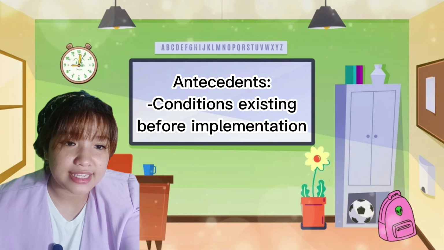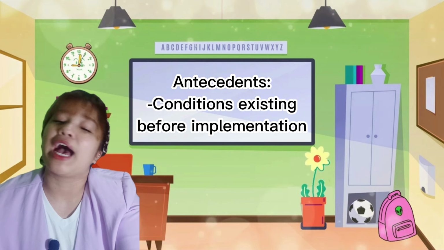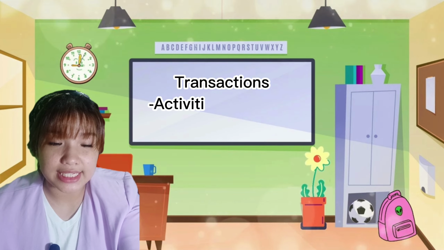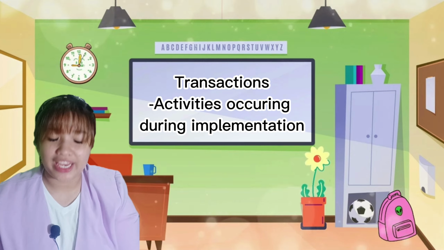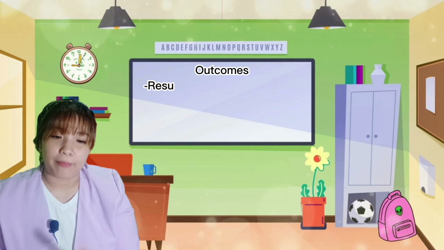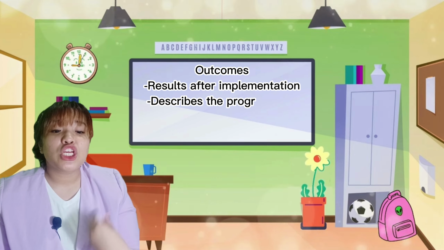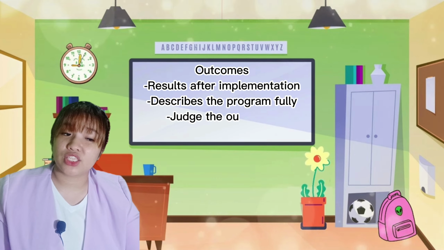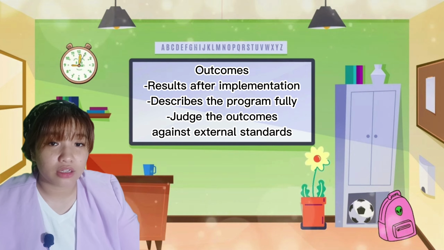We have antecedents, which are the conditions existing before implementation. We have transactions, which are activities occurring during implementation. And we also have outcomes, the final outcome. Results after implementation describe the program fully, judge the outcomes against external standards, or synthesize the curriculum itself.